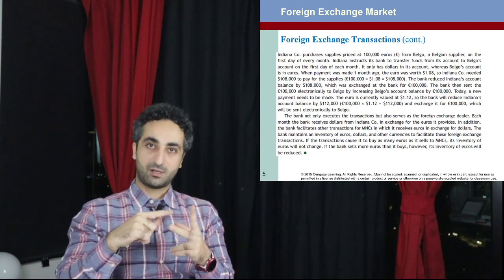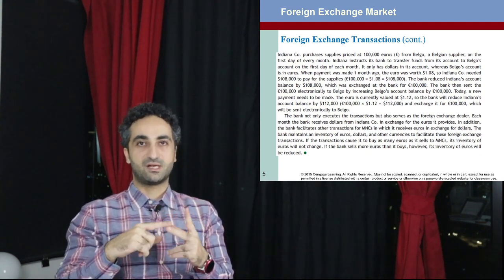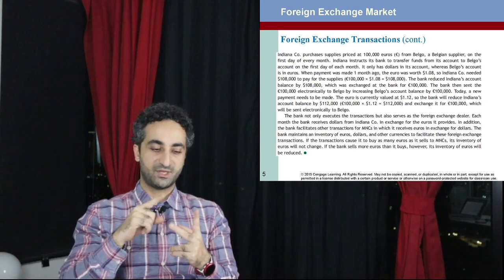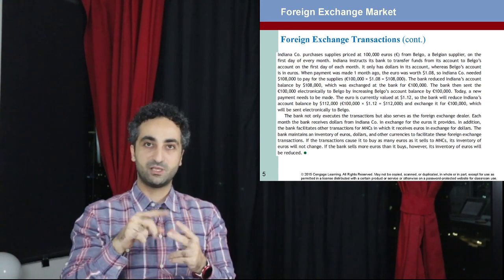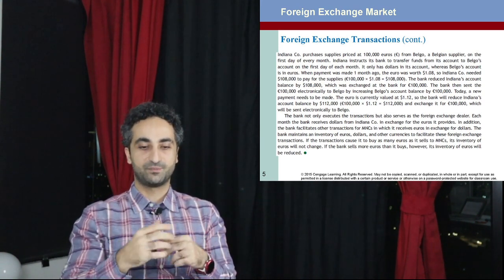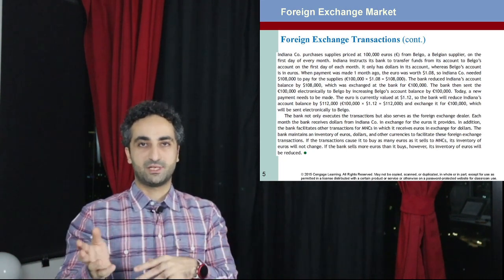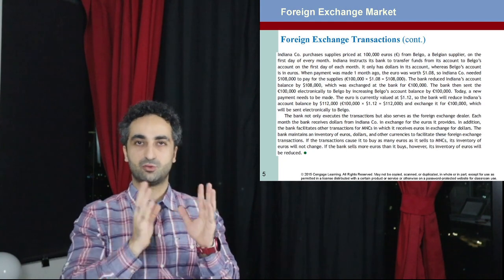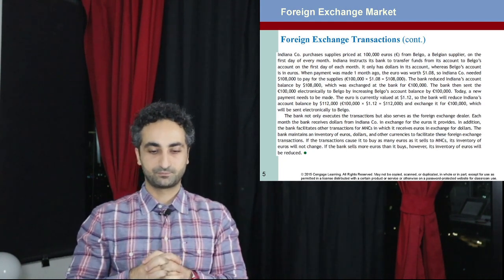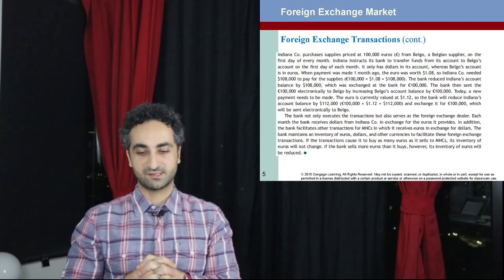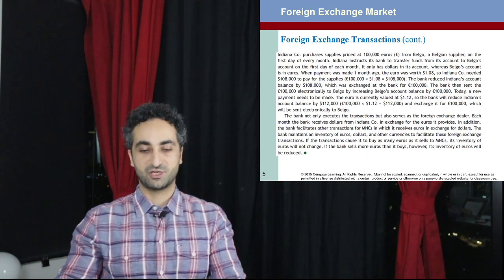So the banks here are helping, facilitating this transaction through doing two things. Number one, the transfer of money. Number two, the conversion. So basically, you don't really want to go to another dealer, take the USD and change it. You want to do it at the bank. So the bank not only executes the transaction, but serves as the foreign exchange dealer.